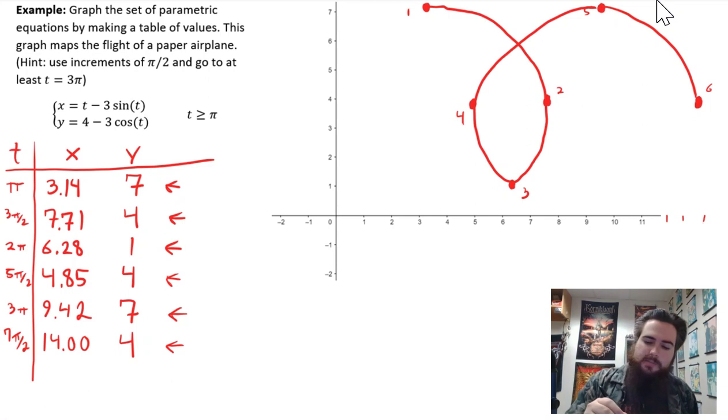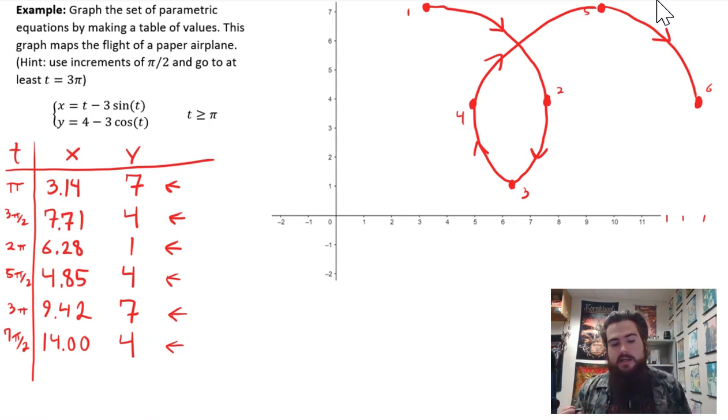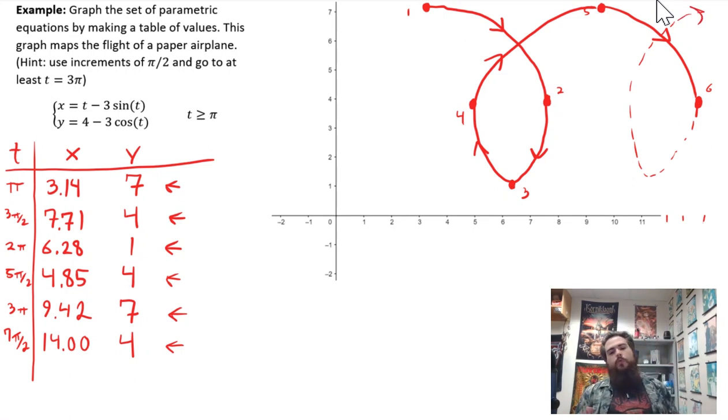If I draw arrows in between my points, I can show the track that this is following. And because t is not restricted to have any high-end value, this is going to continue doing this pattern over and over again infinitely.